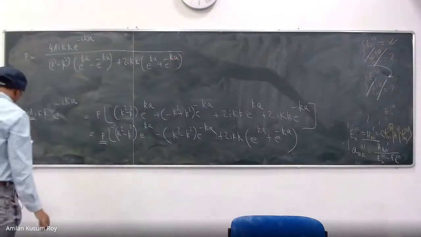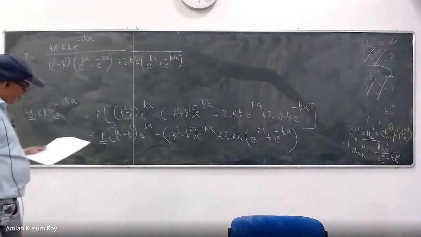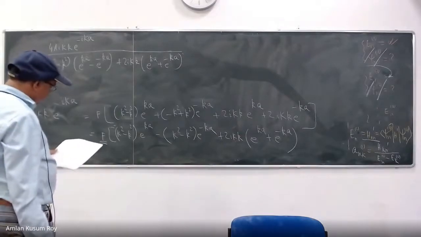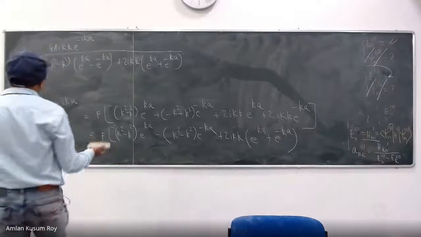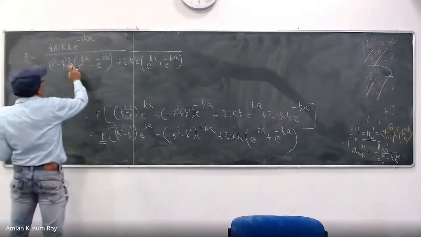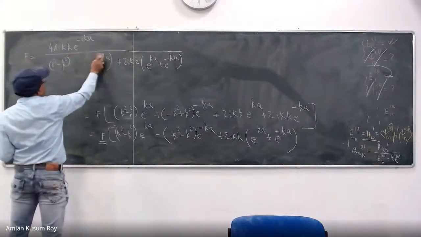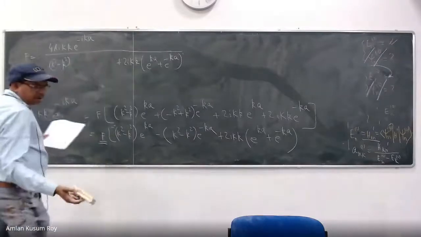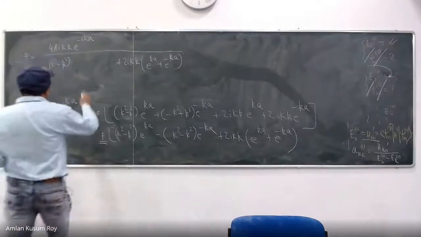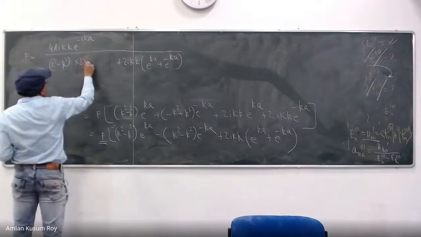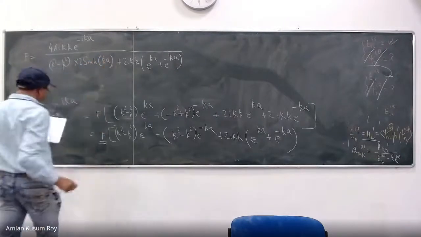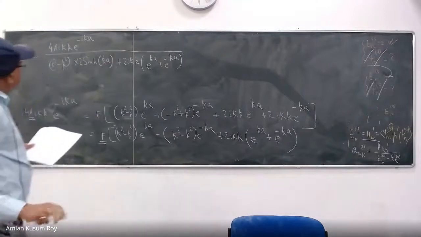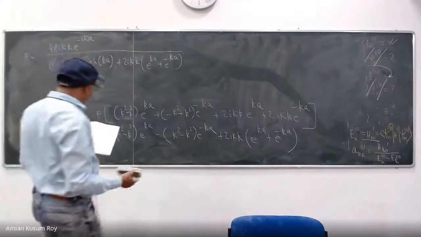So you can now do this to e to the power minus kappa a, okay? So I can write this as 2 sine hyperbolic kappa a, and then that guy I can write as 2 cos hyperbolic.